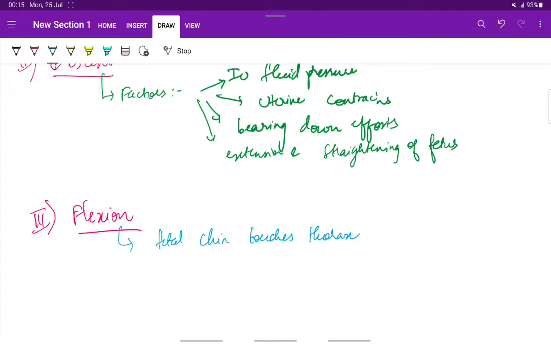Therefore the engaging diameter is changed from the occipitofrontal diameter to the suboccipitobregmatic diameter. Initially it was the occipitofrontal diameter. Now because of the increased and complete flexion, the suboccipitobregmatic diameter is engaged.